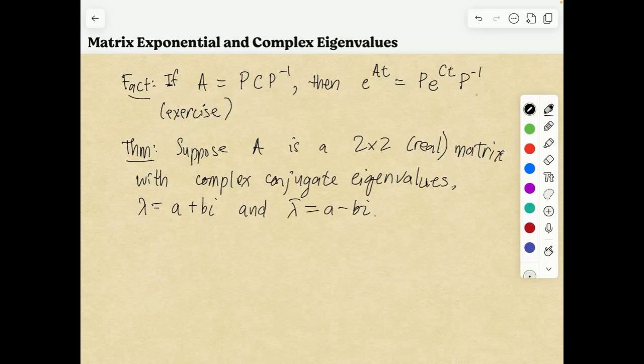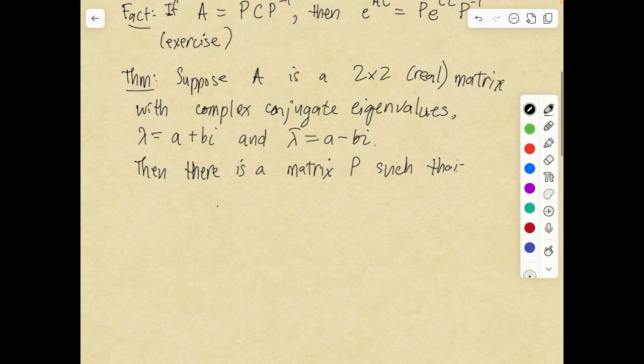Then the theorem says that there is an invertible matrix P such that A is equal to P times this matrix, whose first column is a, negative b, and whose second column is b, a, times P inverse.